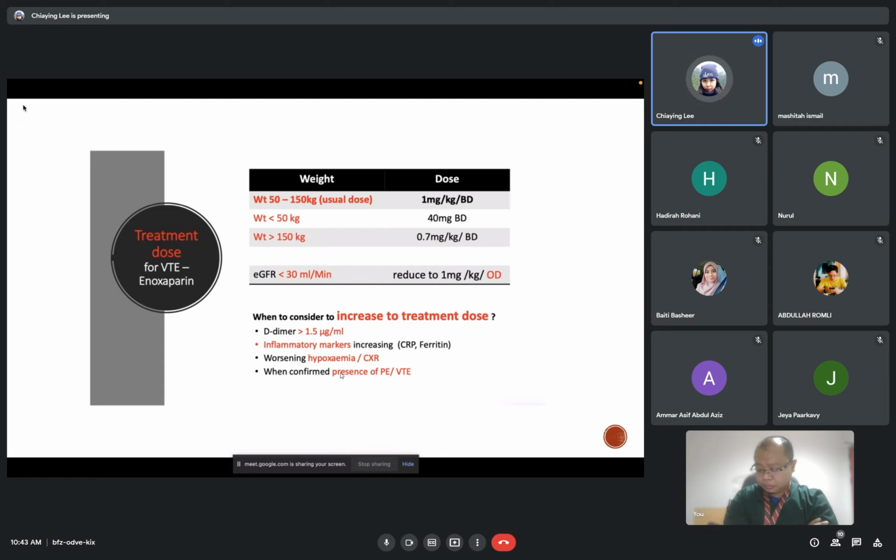So there are some cases where we need to increase to treatment dose, in conditions where the D-dimer is more than 1.5, the CRP, ferritin or the inflammatory markers are increasing or worsening X-ray, or when you confirm that the patient is actually having PE or DVT.